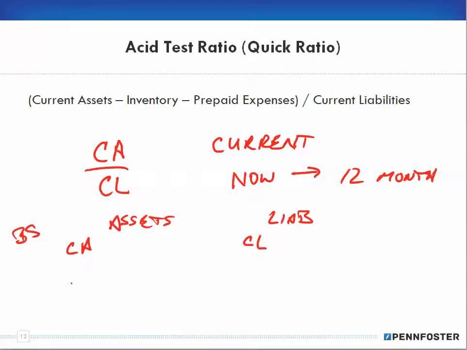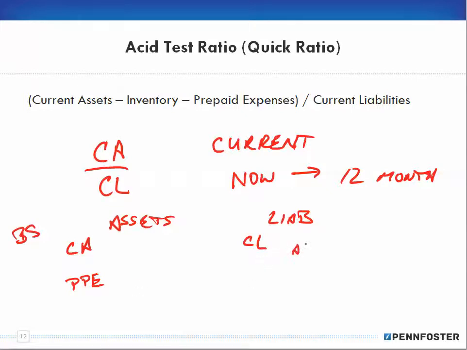Under assets, usually you move from current assets to what they call property, plant, and equipment, because those are a lot longer term assets. You can't readily sell off equipment, and you can't readily sell off a building or land. That's why it's not within 12 months, and they're not considered current assets. And the same thing with liabilities.